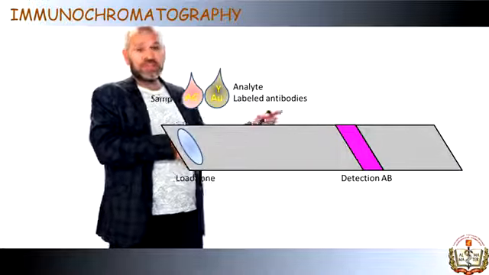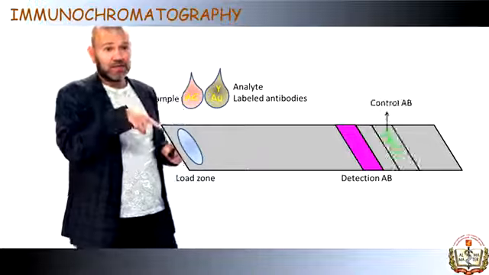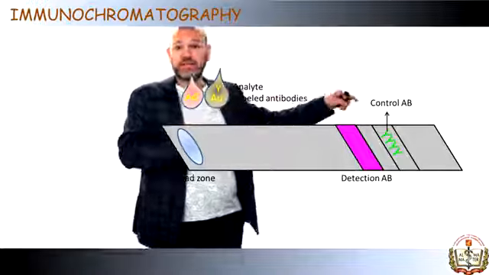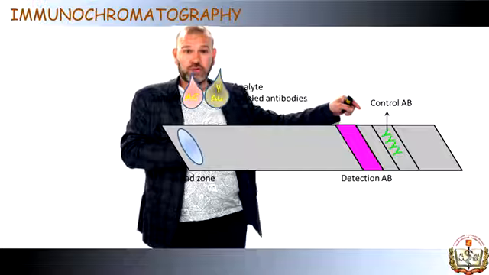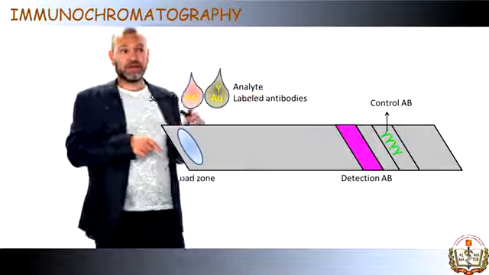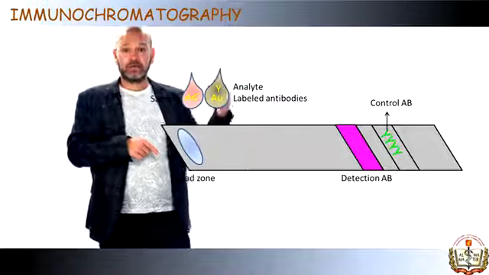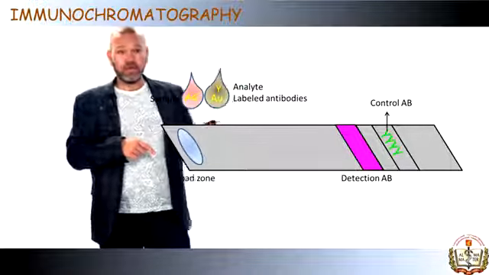So to be sure the test is performed correctly, we have another zone. In the same strip, we have control antibodies. Control antibodies are targeted against labeled antibodies. They are not against antigen, they're against antibodies present in the analyte solution. They always are here.